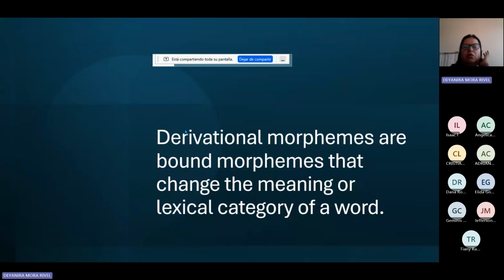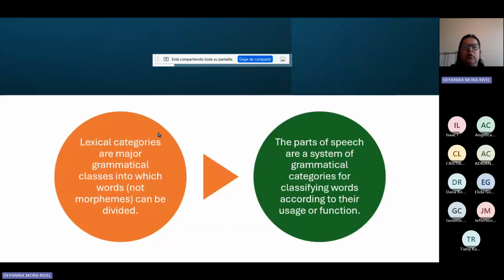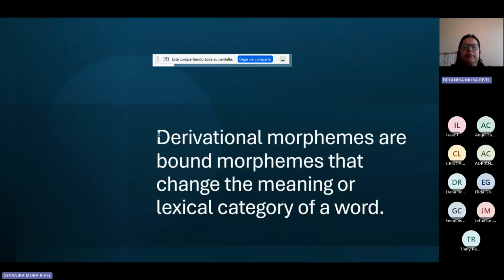Okay, so now we're going to divide bound morphemes. Remember that bound morphemes are the ones that have to occur next to a free morpheme. They cannot occur alone. So there are two types of bound morphemes. It's just to review categories or parts of speech.